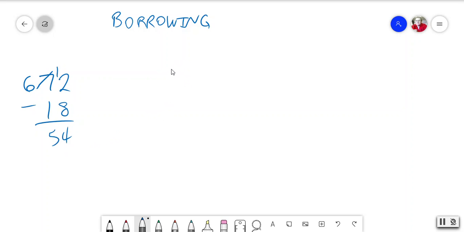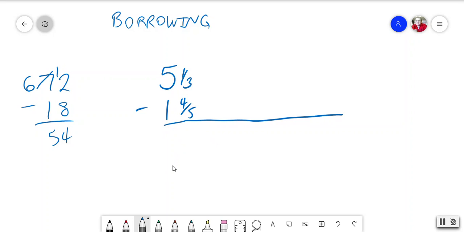Now, let's say we had 5 1/3 minus 1 4/5. It should kind of sort of be obvious that there's going to be a problem here. 1/3 is very obviously smaller than 4/5. I mean, you could draw a diagram and see that.